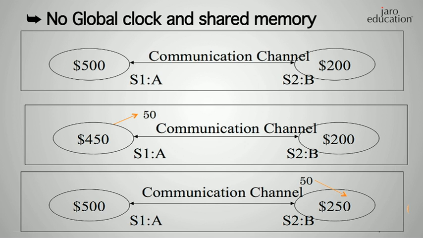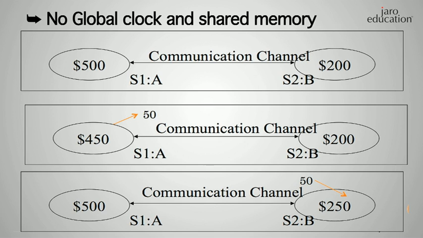So 50 rupees is hanging out in between and nobody knows, because here there is 450, but here there is no credit of 50. That's a problem in the system. There is another problem: if the clocks were not correct and if one of the clocks is moving very fast and I collect the global state from both of the machines, this has sent 50 rupees, it has come here, but the 500 change has not been made and 200 here becomes 250.